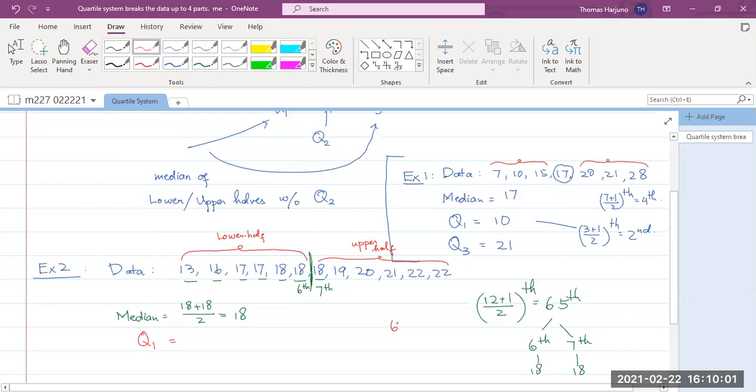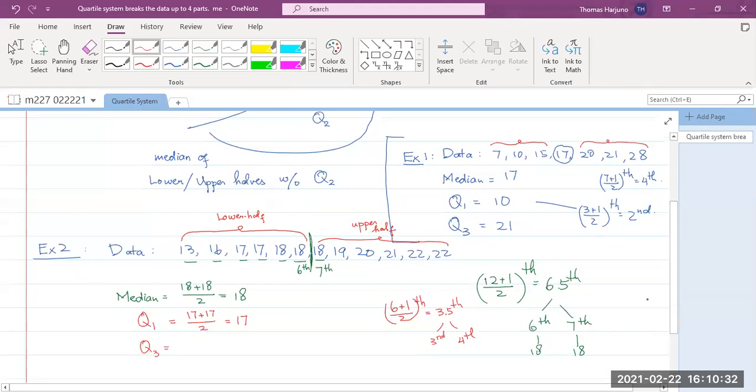Okay, 6 data plus 1 divided by 2. That's 3.5. So between data number 3, the third, and the fourth. Data number 3 is 17. Data number 4 also 17. So the first quartile is 17, while the third quartile is data number 3.5 from the top.